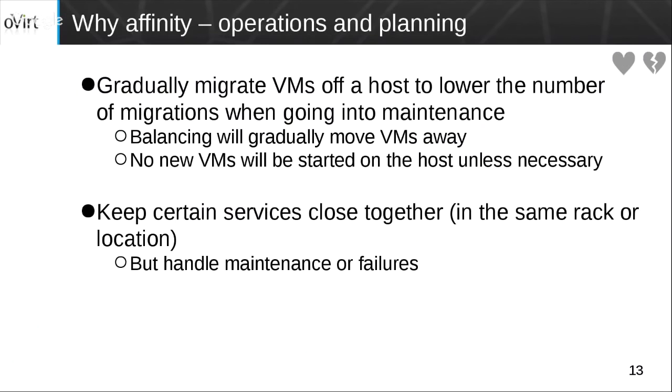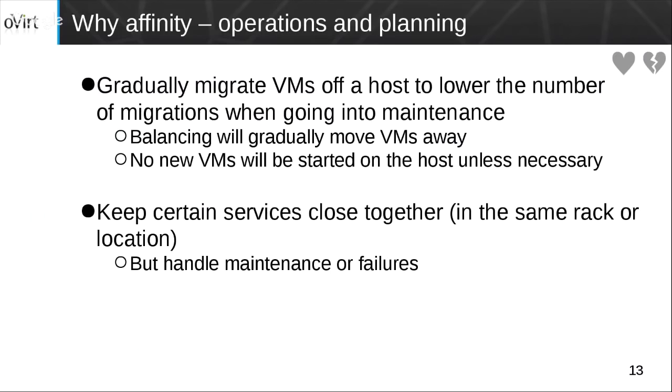In terms of maintenance, operation, and planning, let's say we want to put a host or hosts in maintenance, and we want to migrate the VMs that are running on these hosts in a gradual manner. To migrate these VMs off a host, at least a major percent of them, we can use a negative affinity, meaning we will define a negative affinity group.